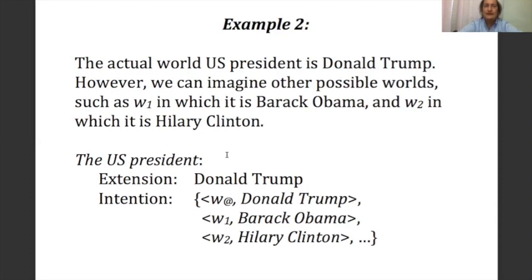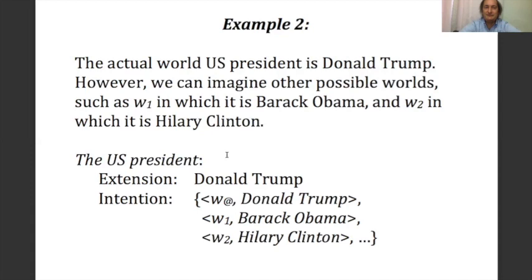Now, in this case, we have different people acting as US president in different worlds, but we're still understanding the expression, the US president in 2020, the same way that we actually do. We're looking at the way we understand that expression in English, and it's not changing.